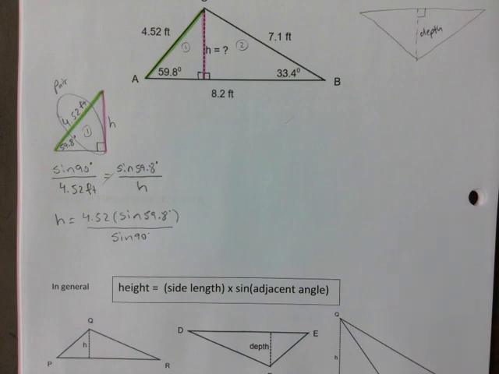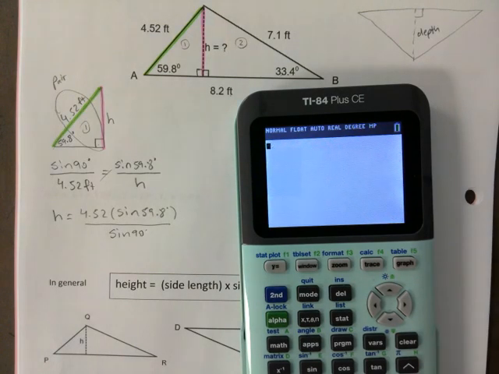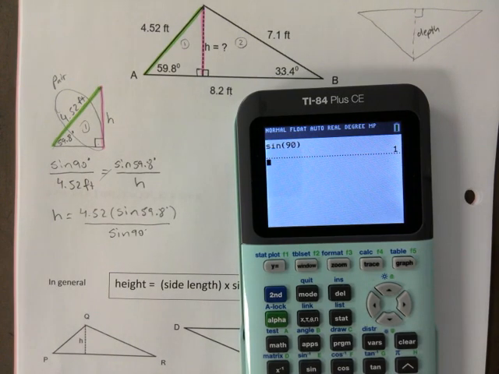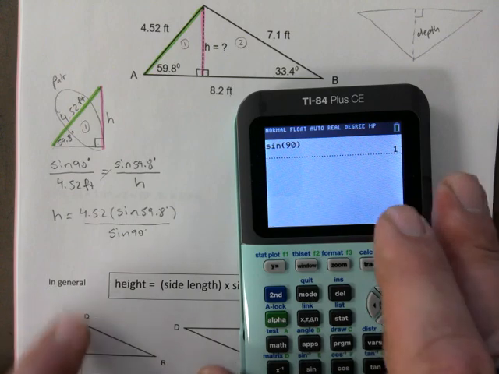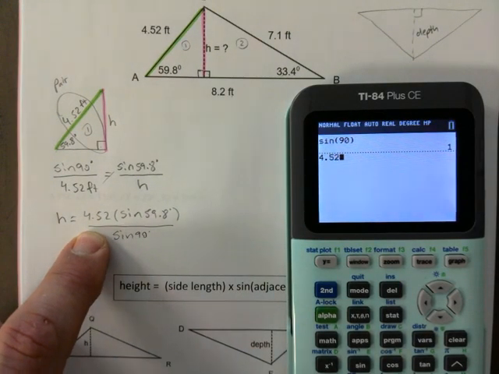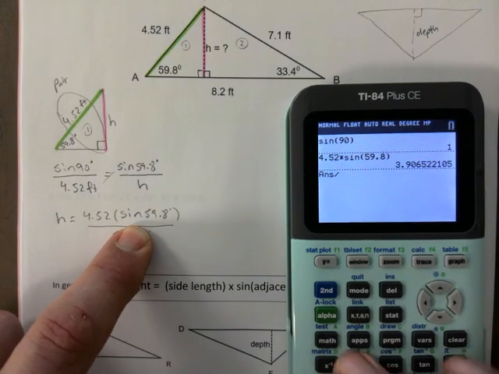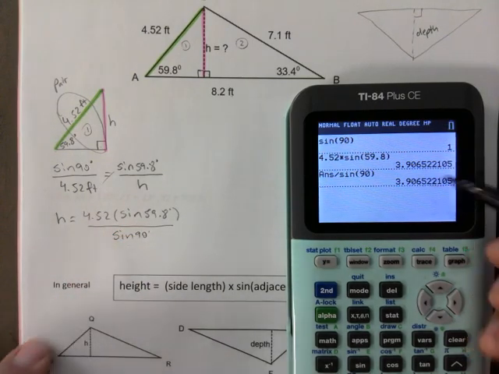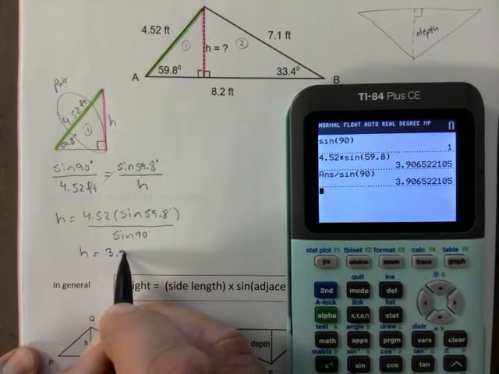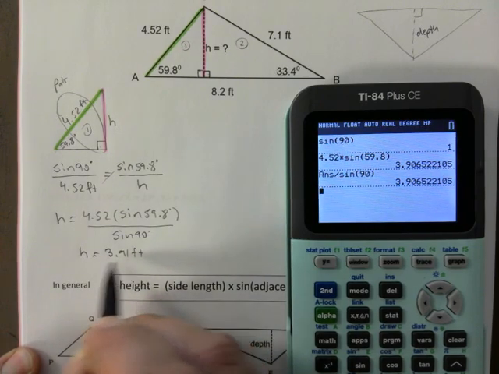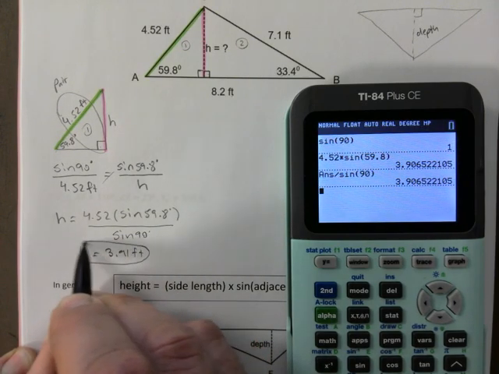Try out what sine of 90 is; it's a good one to remember. Sine of 90 degrees is 1. If you remember that, you can omit that step. You don't really have to divide in that case. So 4.52 times sine of 59.8 divided by sine of 90, nothing is going to change, still 3.91. So the height is 3.91 feet. There's the height of the triangle.